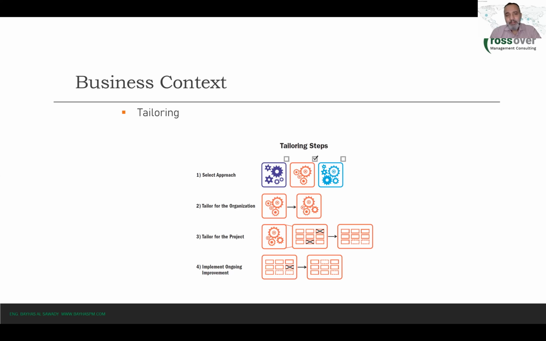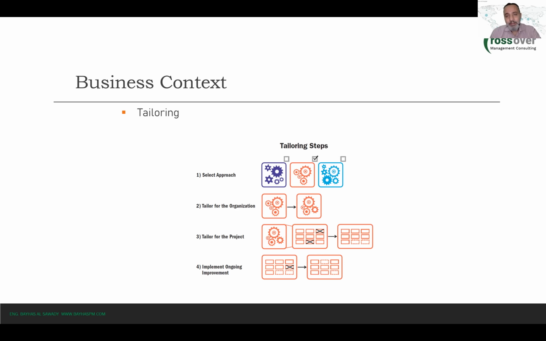And as you already know, we started explaining again a few basic things about the business context and how to use project management as a tool to realize the business strategic objectives using the OPM, Organizational Project Management.